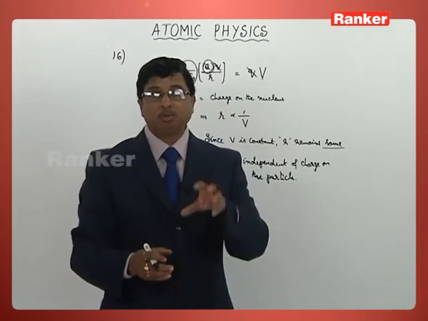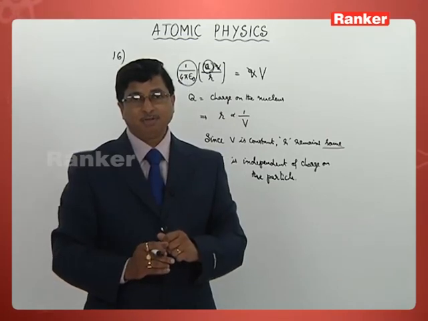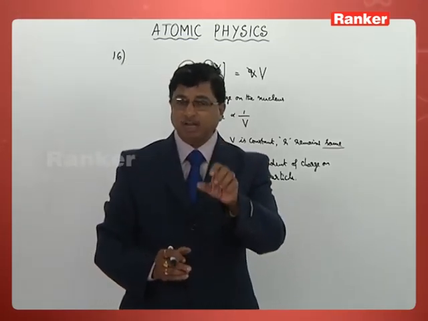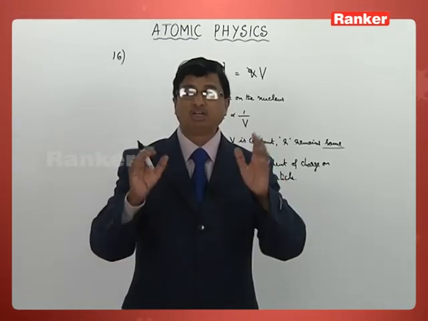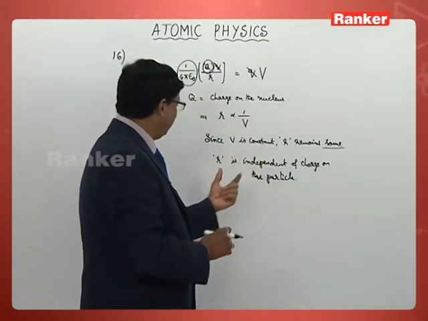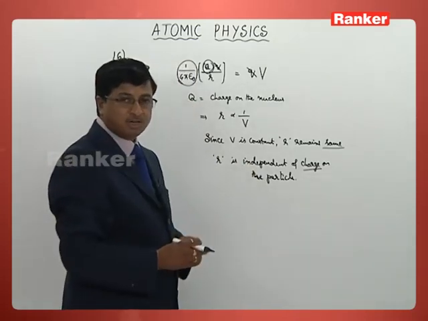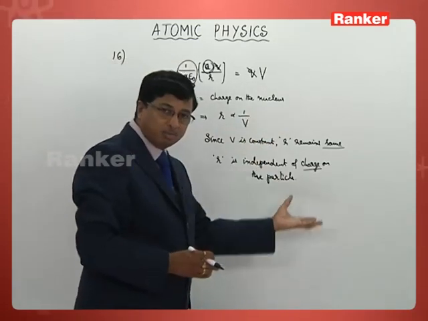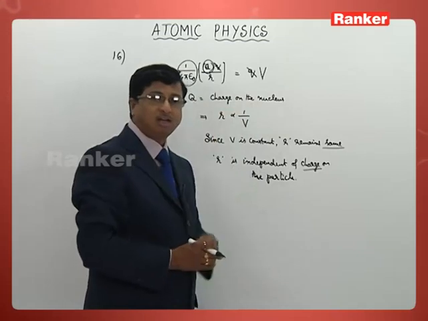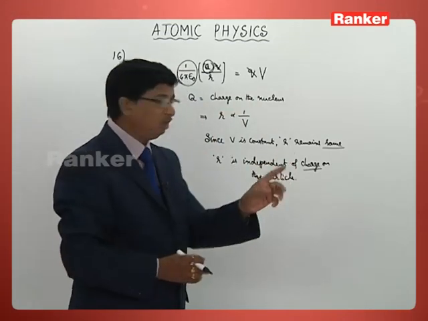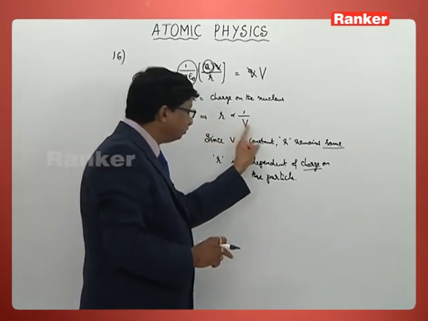And the second particle is a proton, having lesser charge and lesser mass than the alpha particle. So for the second particle, which has been given as a proton, what will be the corresponding distance of closest approach? That is what he is asking. But if you look carefully, r is independent of charge. Independent of charge means what? Whether it is a proton or alpha particle or deuterium ion or tritium ion or any other positively charged ion, you will not find any variation as far as r is concerned, as long as V remains constant.